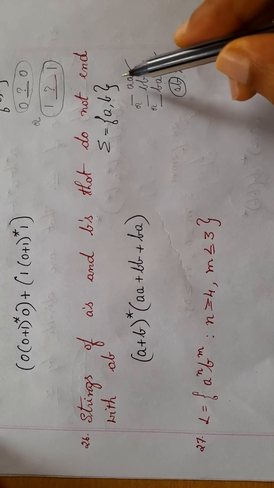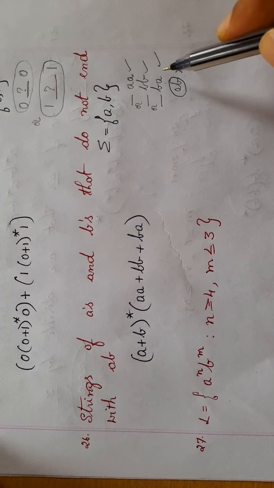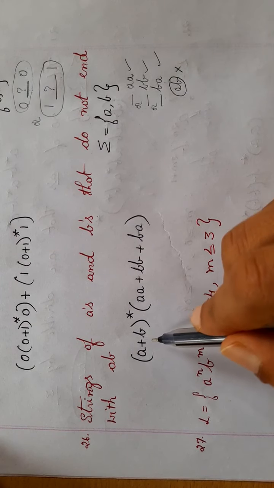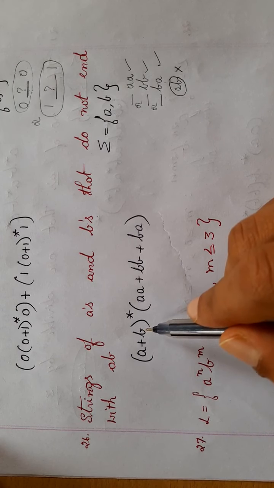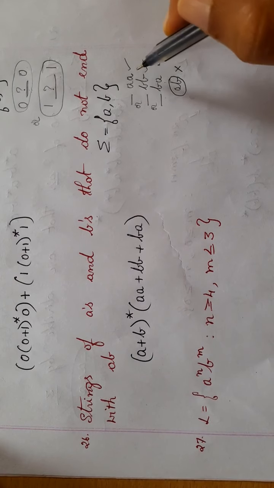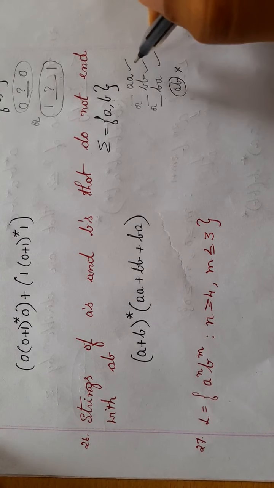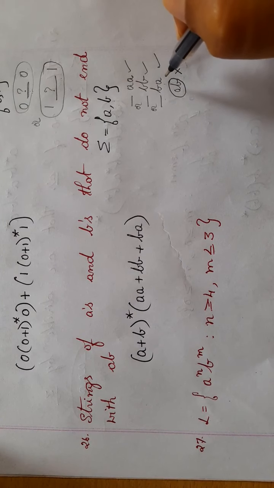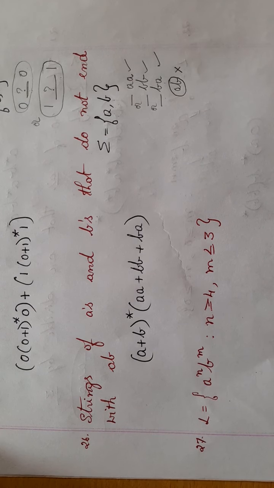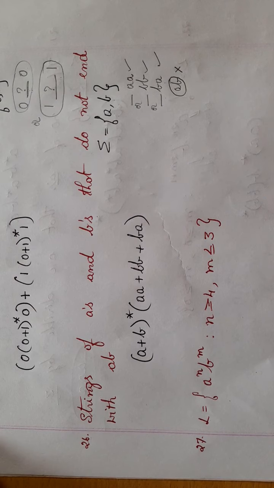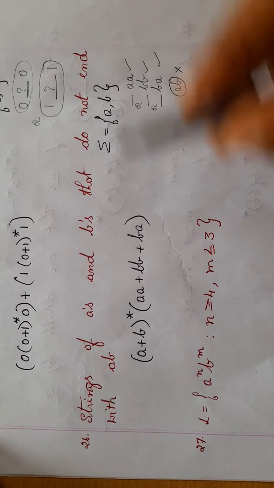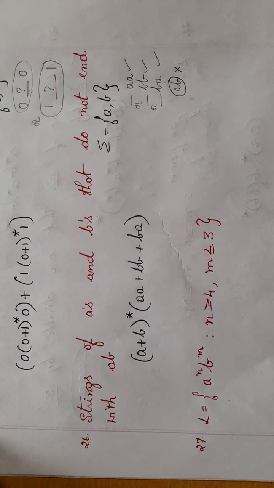This means at the end I can have only A and only B also. So here you can consider the occurrences, 0 or more occurrences, and if at all you want A and B at the end, you can also add plus A and plus B at the end.